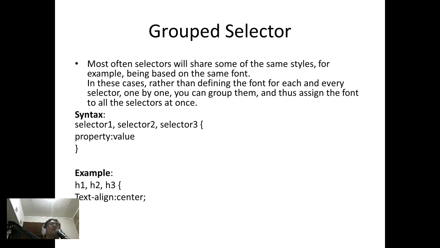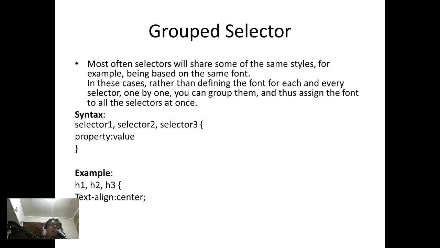We also have what we call the group selector. Most often selectors will share some of the same styles, for example, being based on the same font. In these cases, rather than defining the font for each and every selector one by one, you can just group them and assign the font to all selectors at once.